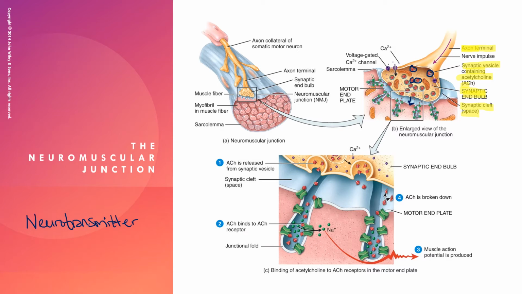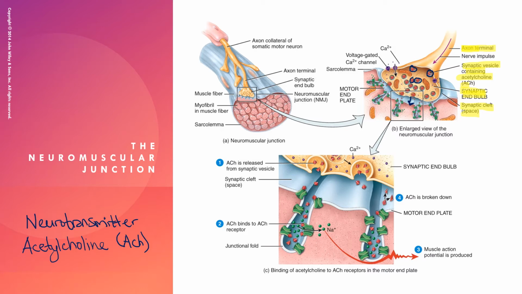There are several different types of neurotransmitters used at different synapses, but between a neuron and a muscle cell, it's always going to be acetylcholine, usually abbreviated ACh. So that's always the neurotransmitter used between a somatic motor neuron and a muscle cell.